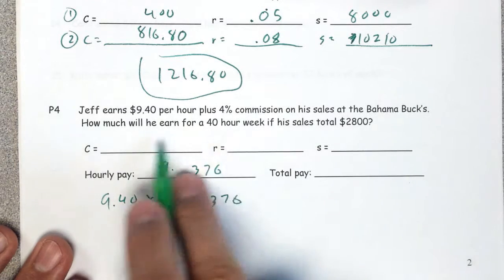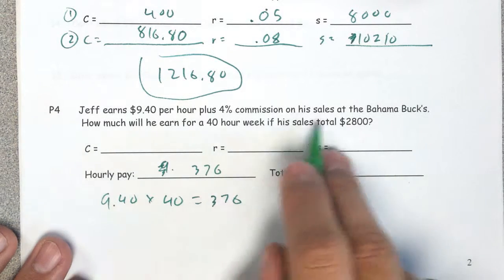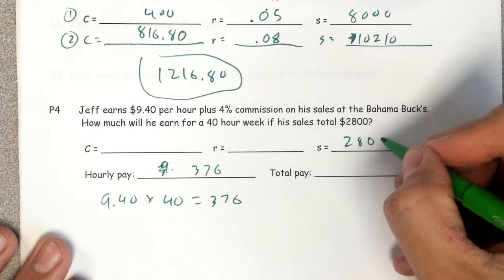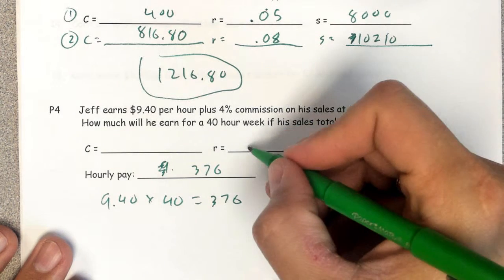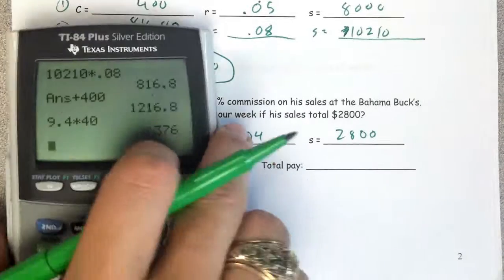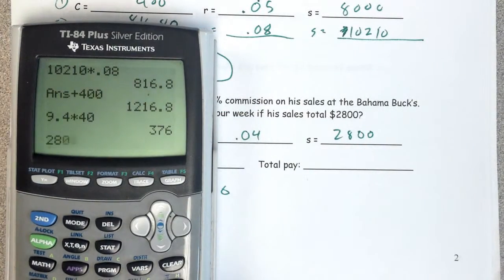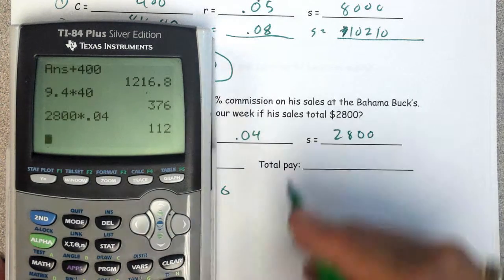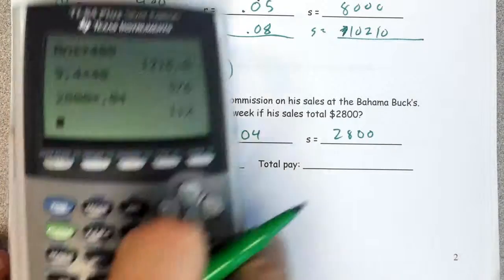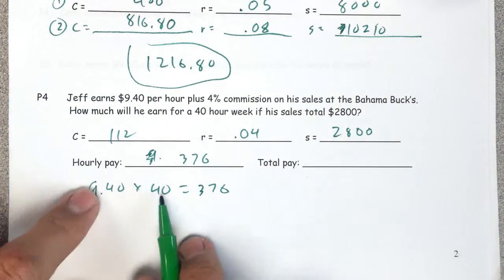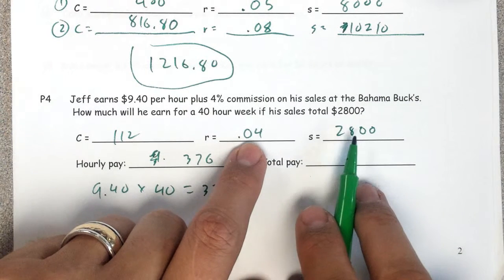Then we need to calculate my commission. His total sales were 2,800. He gets a 4% commission. Multiply those together. 2,800 times 0.04. $112. You see how the hourly pay and commission pay is similar?